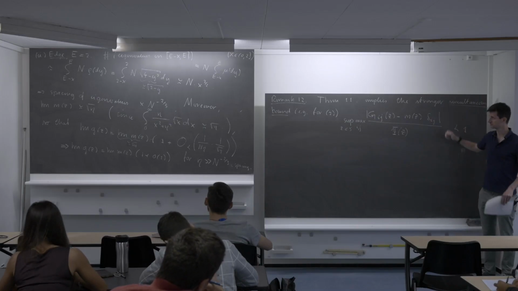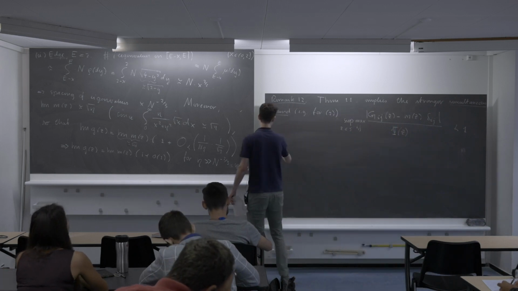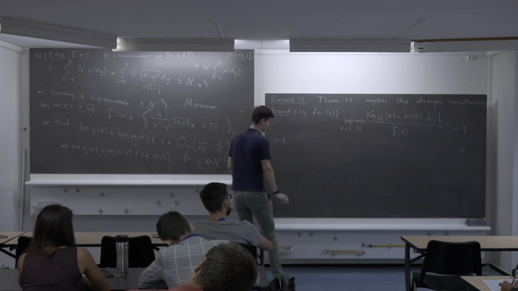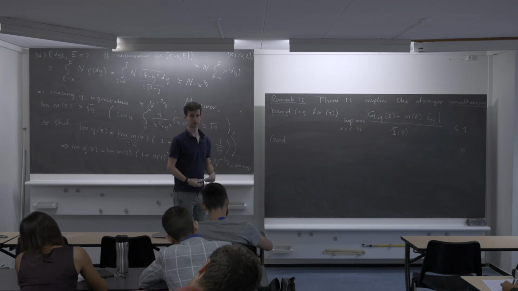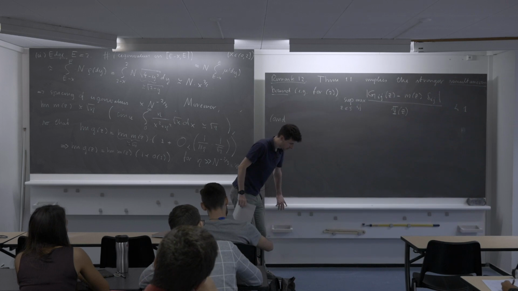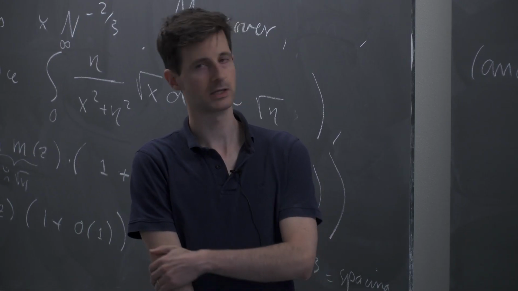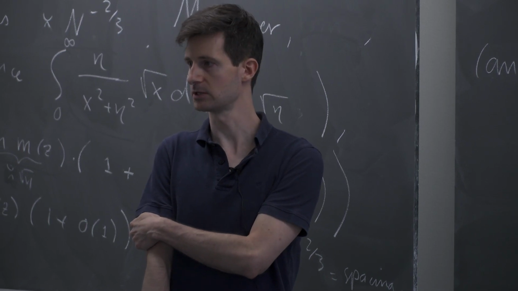In fact, this does follow, and in general, this is completely false. If you have a stochastic process, this implication is completely false. The reason it holds here is that these things have a very special property, which is Lipschitz continuity.